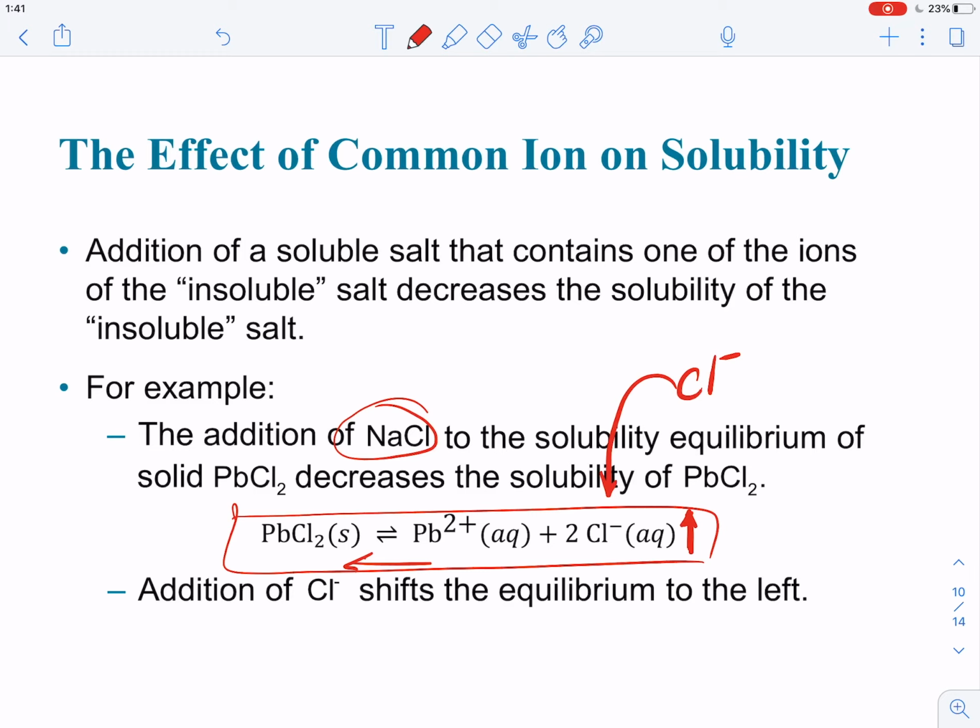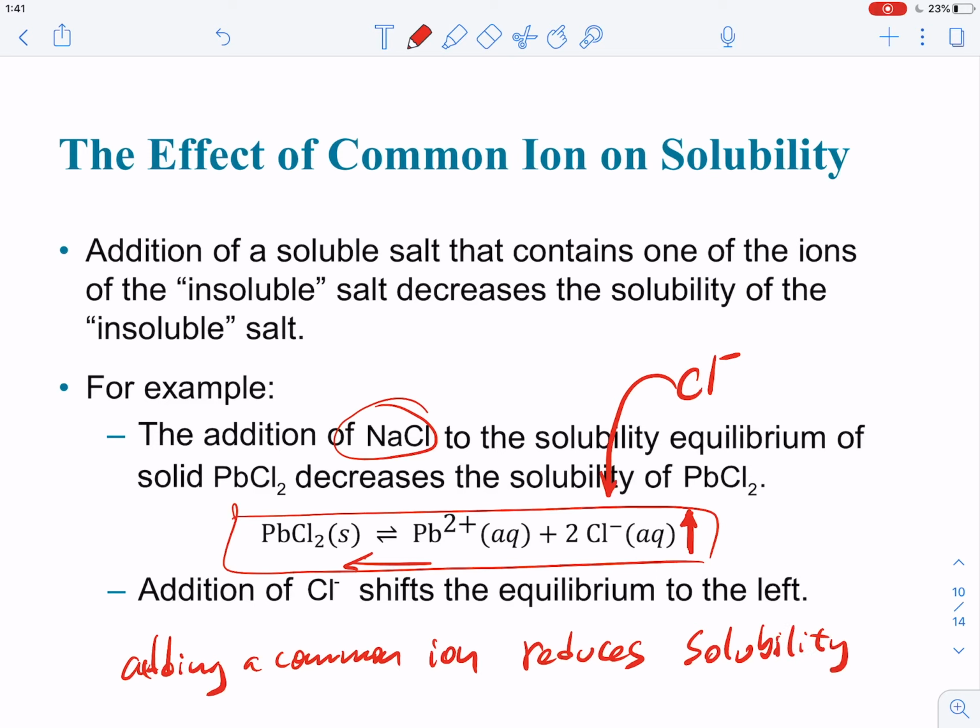It means you will dissolve less lead chloride because you already have a certain amount of chloride in the solution. So adding a common ion reduces solubility.